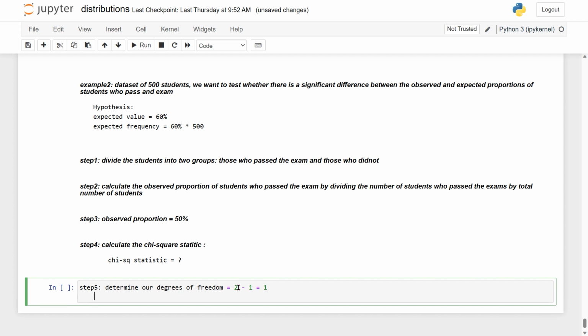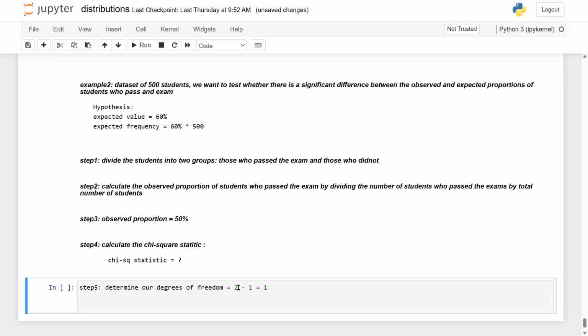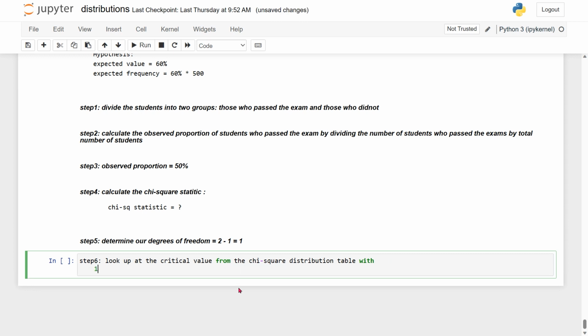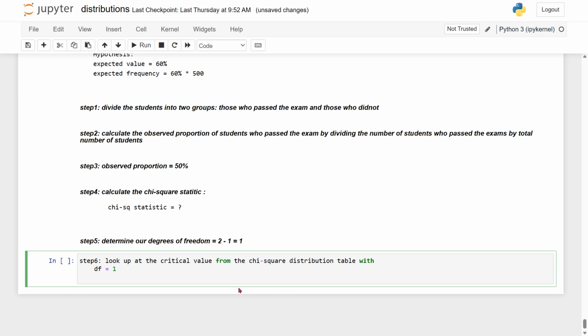So now let's look up the critical value from the chi-square. So step 6 is to look up the critical value from the chi-square distribution table with df equals 1 and a chosen level of significance.